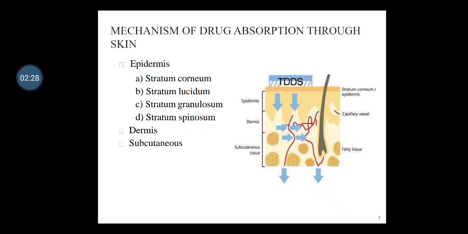So this is related to the epidermis. When we apply the TDDS or the transdermal patch over the skin, the drug has to diffuse through these layers of the epidermis.